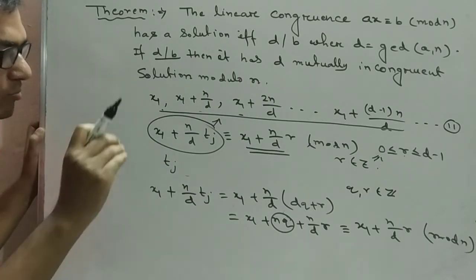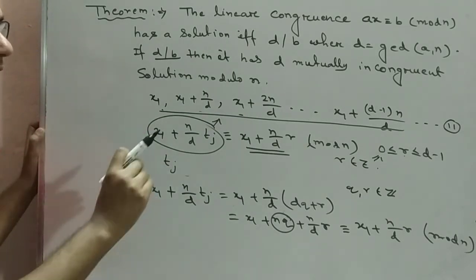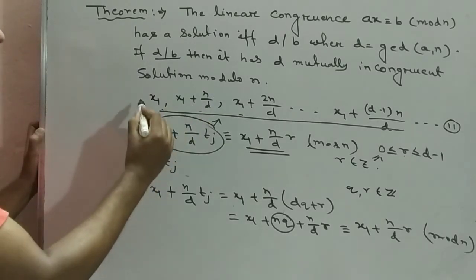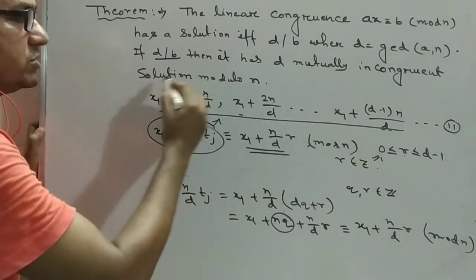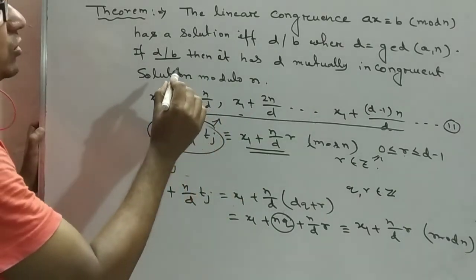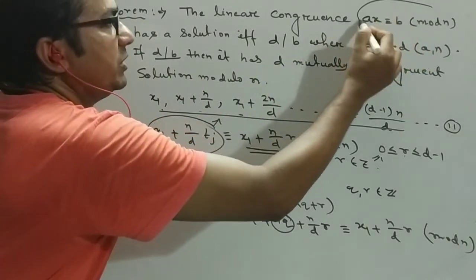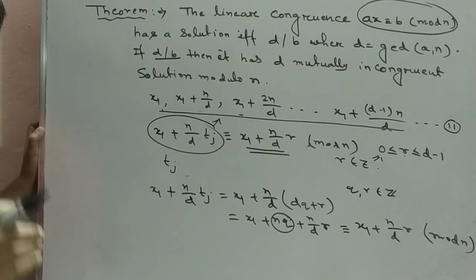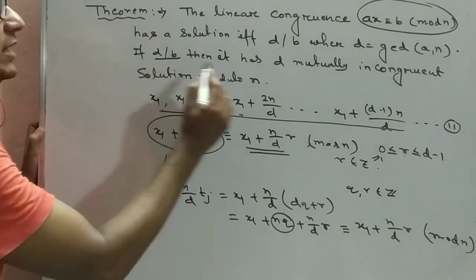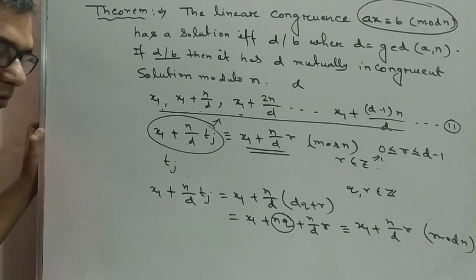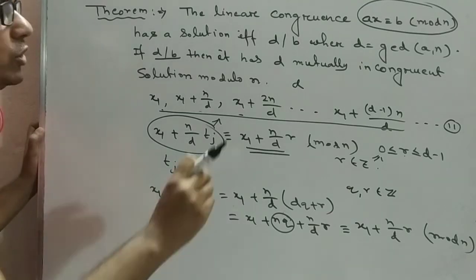So from this relation and the above proof, where we proved these d solutions are incongruent, we say that the linear congruence ax equal to b mod n has only d incongruent solutions modulo n.